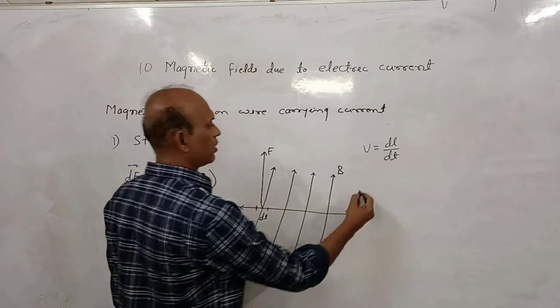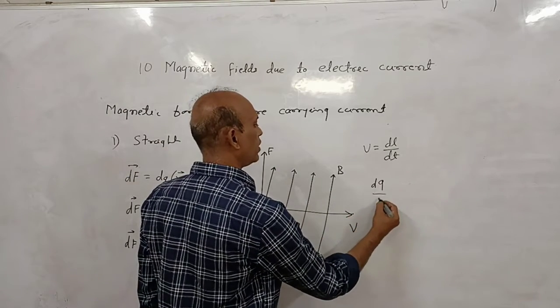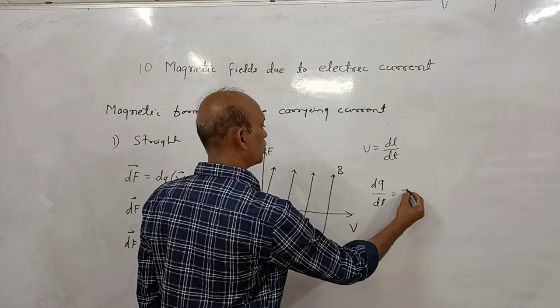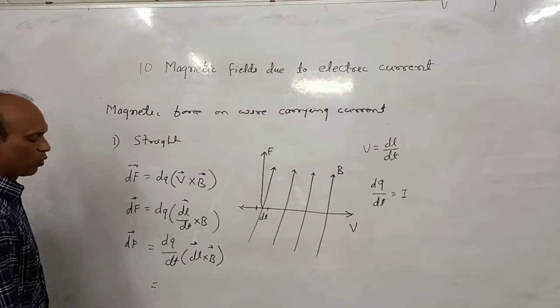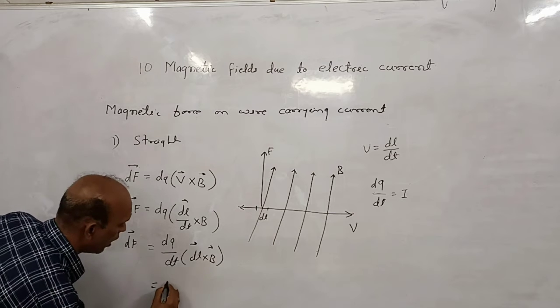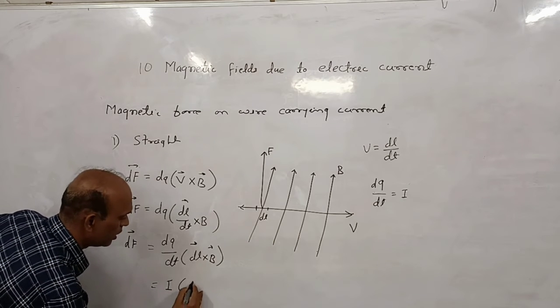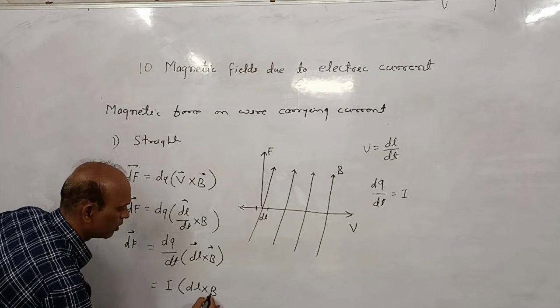So we can say dq divided by dt is equal to I, and this equation will be modified as I dl cross B.